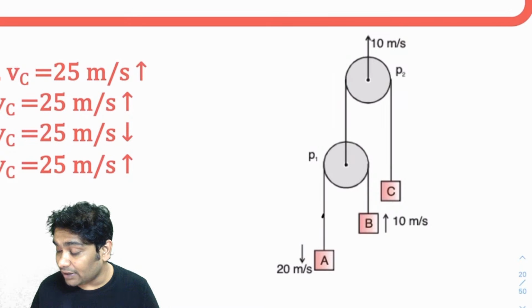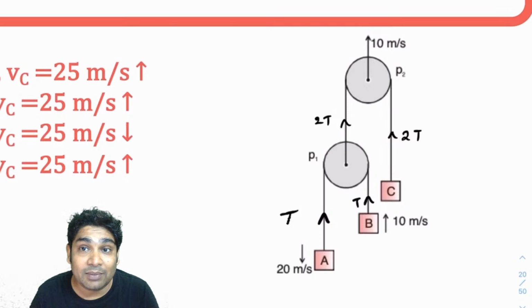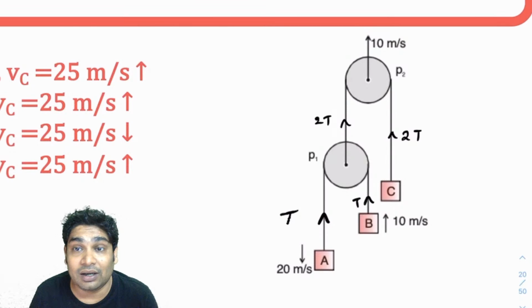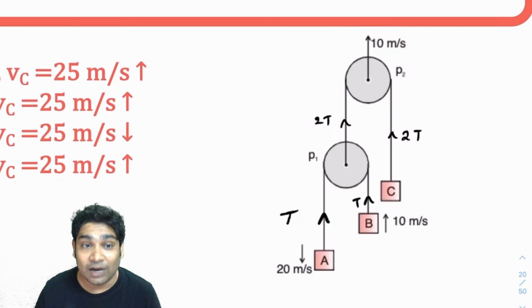If you start marking the tensions here, T here, T here, 2T here, and 2T here, the net work done by tensions is going to be zero, in ground frame. So first of all, what you need to do is put that work to zero.